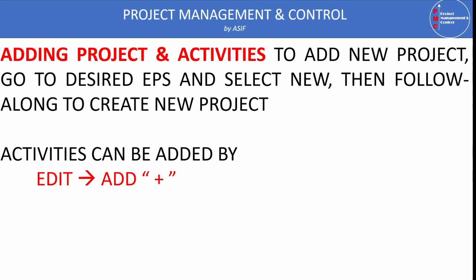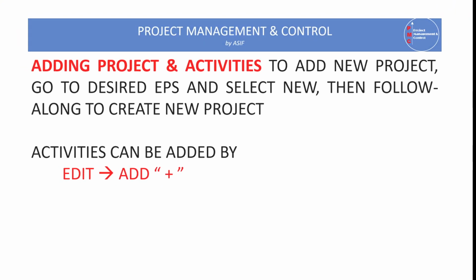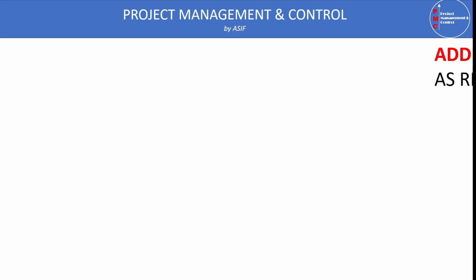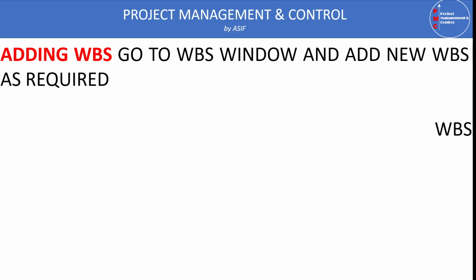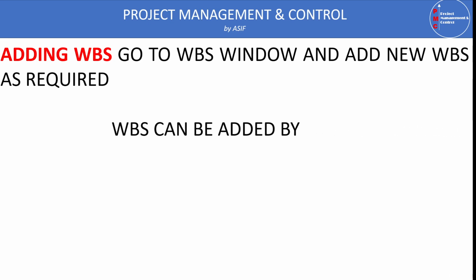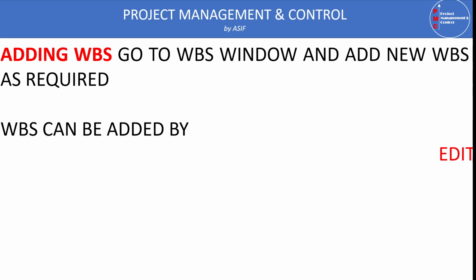So once activities are added, we need to define WBS, which is also called work breakdown structure. Work breakdown structure is used to organize your activities properly and relate them to the proper WBS. For example, normally in a construction project, we have several WBS like preliminaries, engineering, construction, and testing and commissioning.